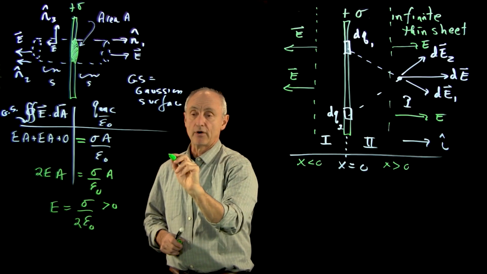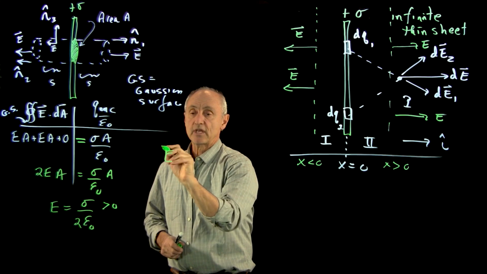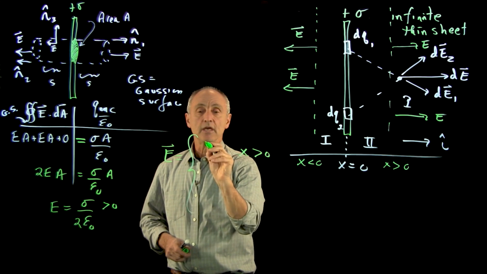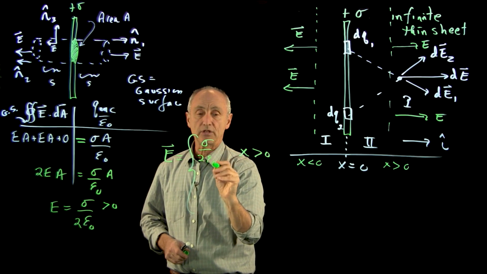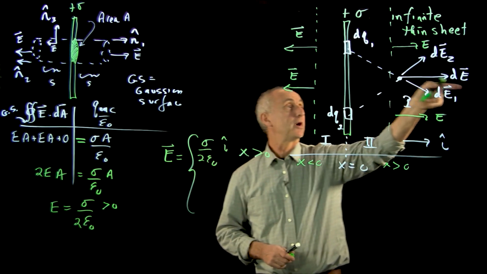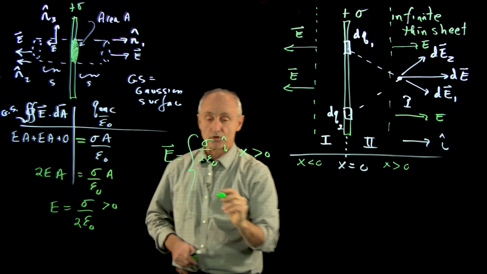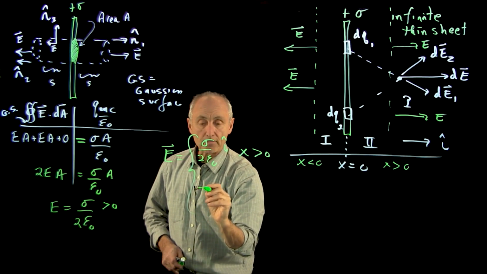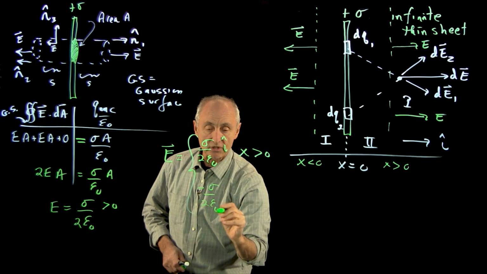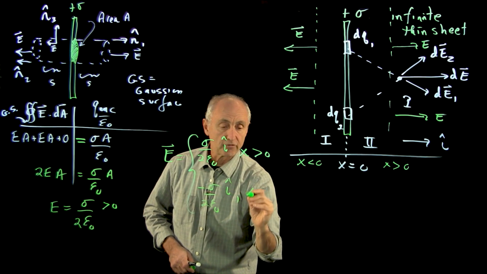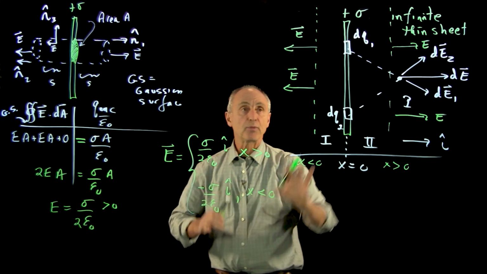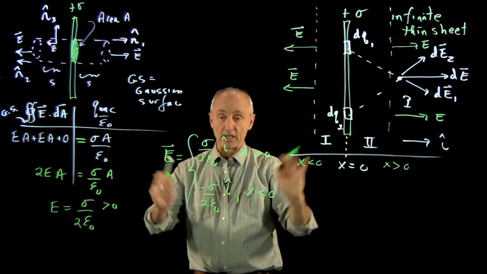Here's how we would write our answer. The electric field for x positive is sigma over 2 epsilon naught i hat, which corresponds to pointing in the plus x direction. And on this side, same magnitude, but minus sigma over 2 epsilon naught i hat for x less than 0. That's how we can express the vector field for all of space.